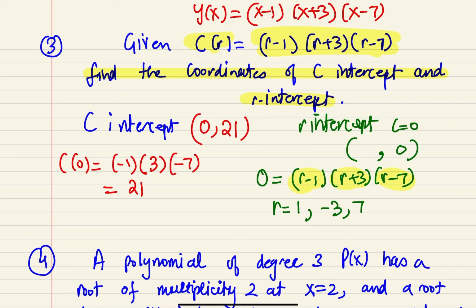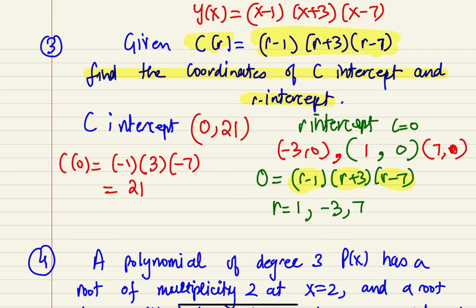So there is going to be more than one r-intercept in this case. My r-intercepts are going to be 1, 0, negative 3, 0, and there's going to be another one, which is 7, 0. There are 3 r-intercepts, and there's only one c-intercept.